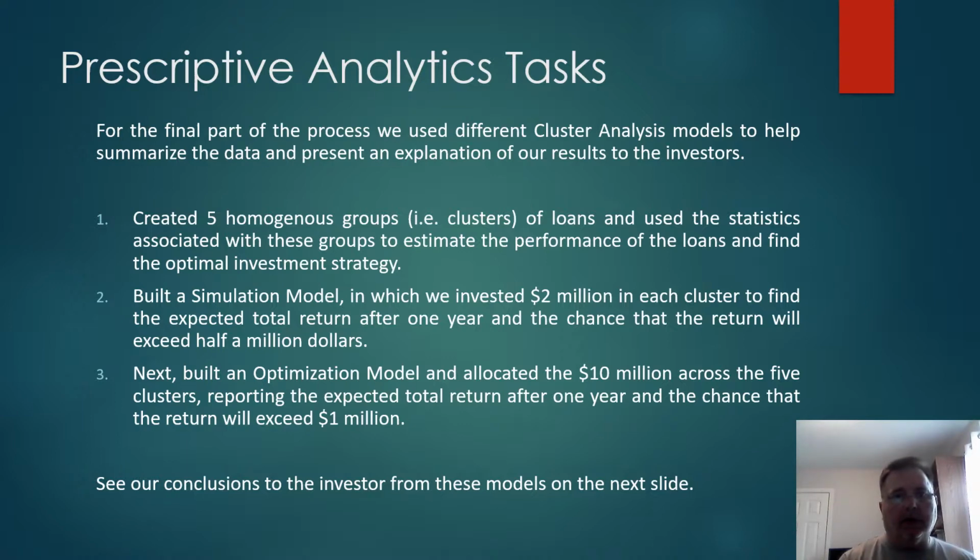Second, we built a simulation model in which we invested $2 million in each of the 5 clusters to find the expected total return after 1 year and the chance that the return will exceed $500,000. Lastly, we built an optimization model and allocated the $10 million across the 5 clusters, reporting the expected total return after 1 year and the chance that the return will exceed $1 million. Our conclusions to the investors are offered on the next slide.